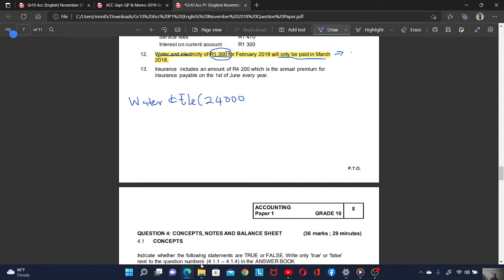So this is how you are going to report it in your income statement. So you must always add the accrued, so it's 1,300. Then you write it here as 25,300 in the income statement. This is how you are going to report it in an income statement.